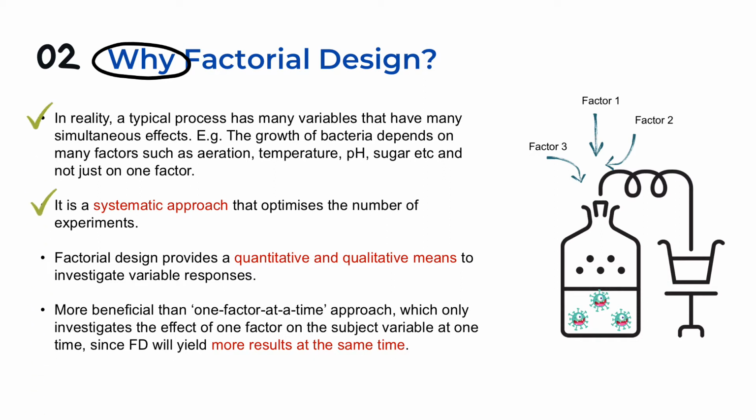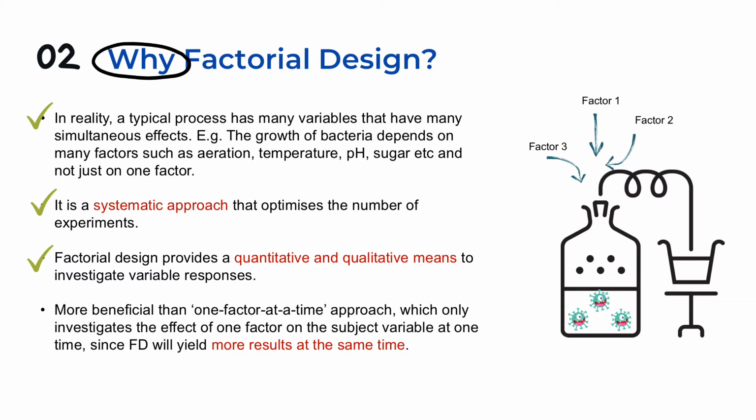Secondly, it is a systematic approach that optimizes the number of experiments. This is due to the number of factors that is more than the one factor at a time approach. So it means that we can organize more data and also more factors at one time. The third point, it provides a quantitative and qualitative means to investigate variable responses.